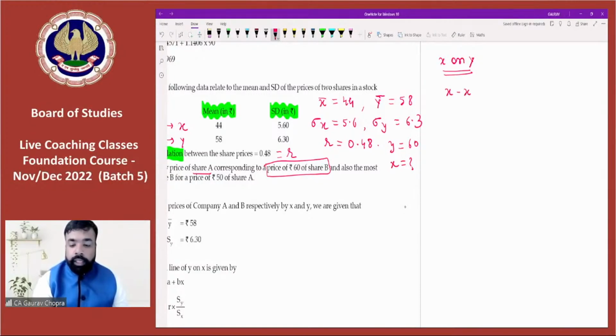X minus X bar is equal to Bxy into Y minus Y bar.